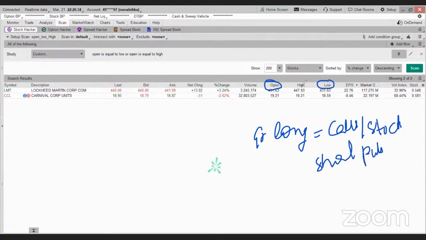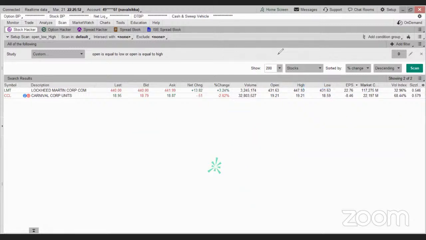When open equals high, like in the case of CCL, you just need to do the opposite. Short, you can buy puts, you can sell calls, you can sell stocks. It's totally your choice. But this is a very, very simple approach. If nobody knows anything about technical trading, use this.